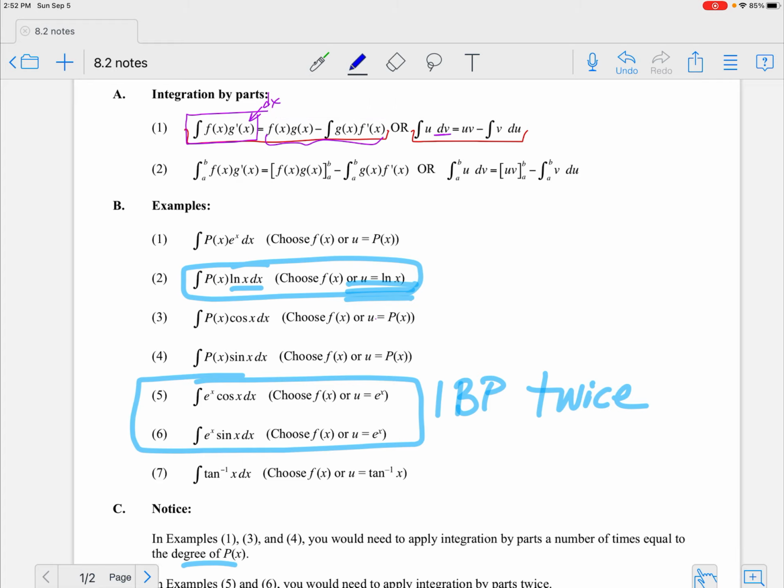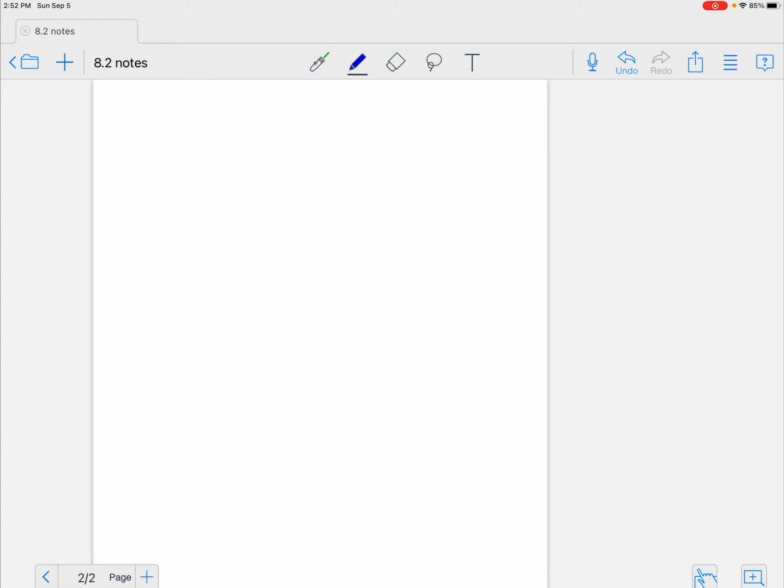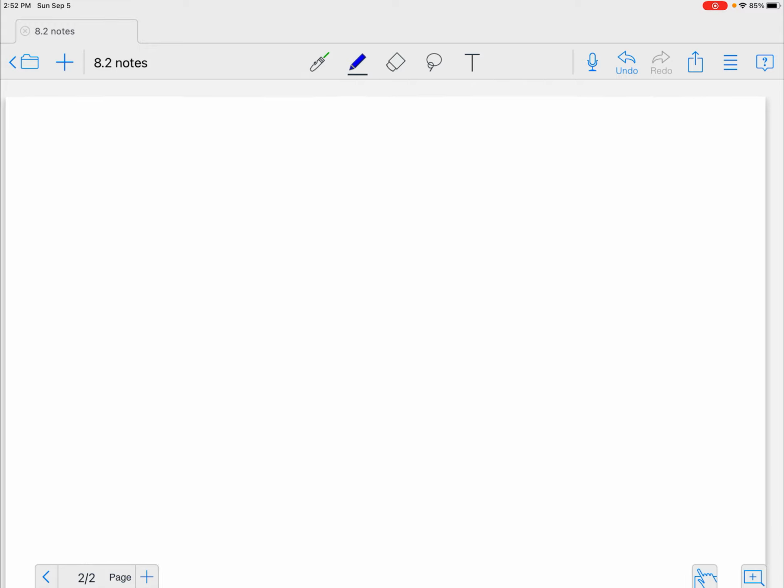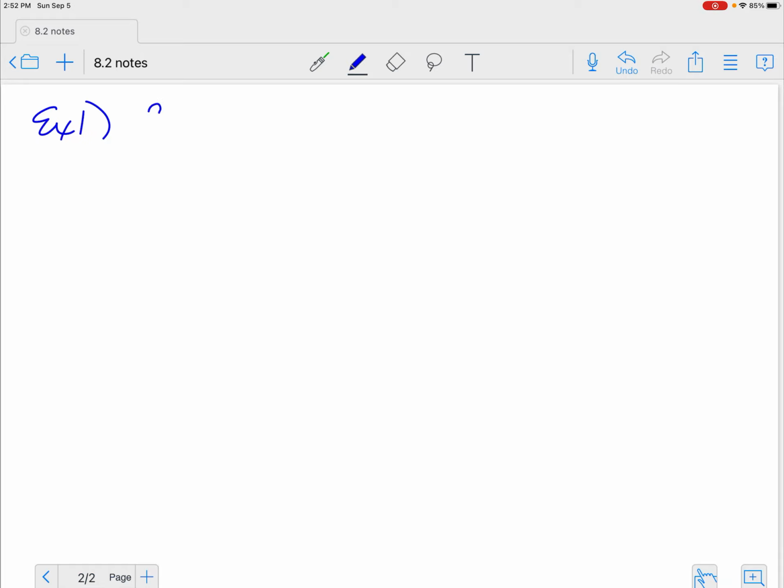Now let's work an example so you can see this in play. Now remember, you don't get any of this stuff on your quizzes and tests, right? You have to practice this enough so that you know how to play this. All right, here's example 1. I would like to integrate x times e to the x dx.